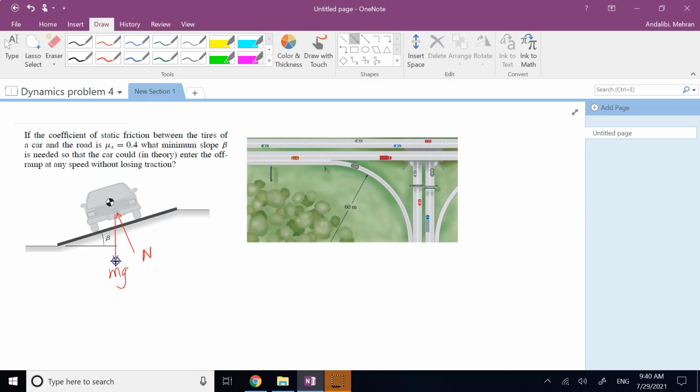Now the friction in general on a car has two components. One of them is longitudinal, which is along the direction of motion, and that is when you want to accelerate or decelerate. In this case, we assume that the car is exiting the ramp at a constant speed. Although it's going to be the maximum it can, the car is going to maintain that speed constant.